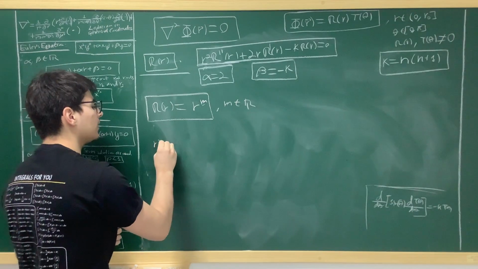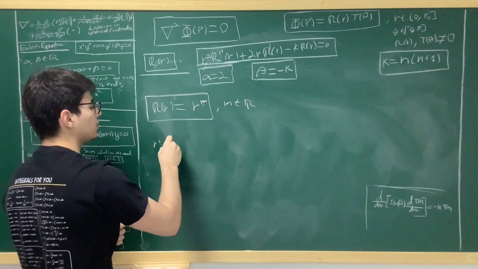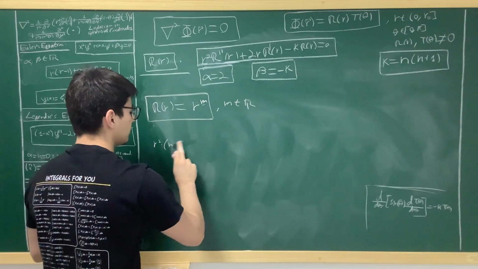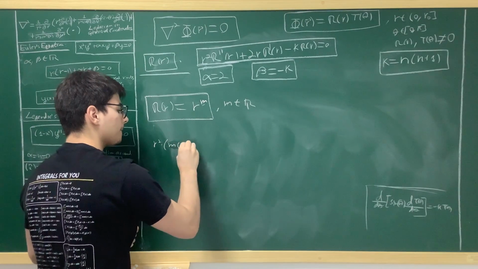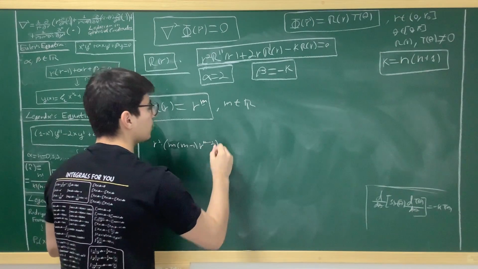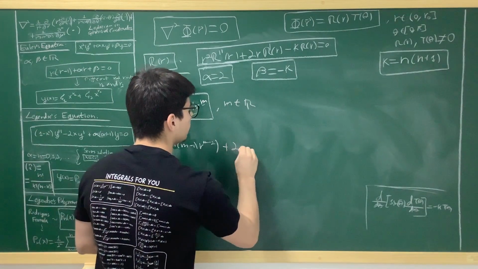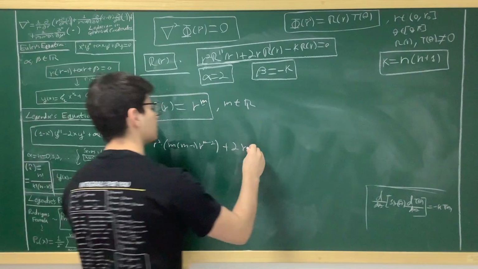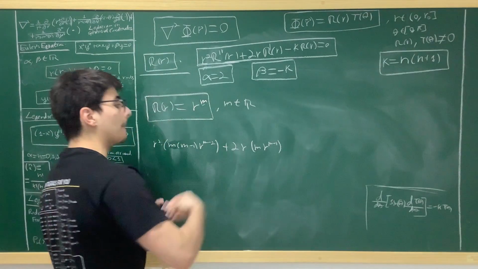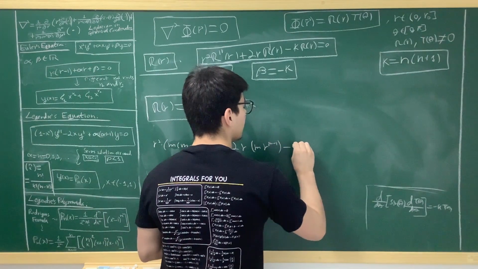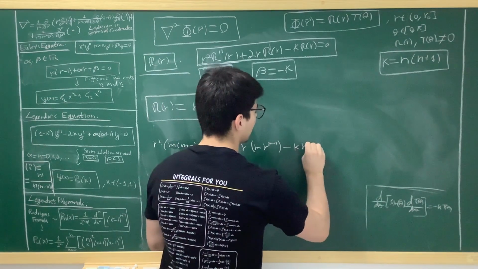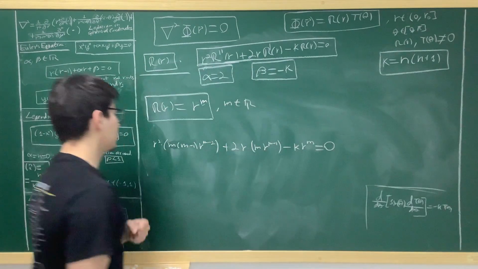We have r squared times the double derivative of this, which is m times m minus 1, r to the m minus 2. Now we add 2r times the first derivative, which is m times r raised to the m minus 1 power, minus k. Let me just keep writing k, afterwards I'll do the change, times r to the m, and this is 0.